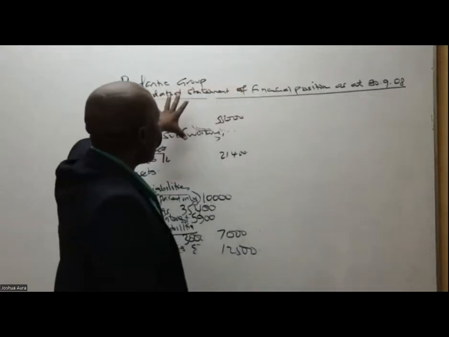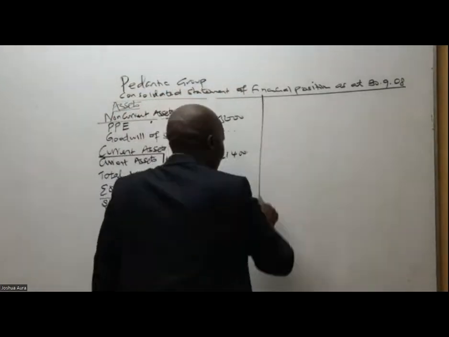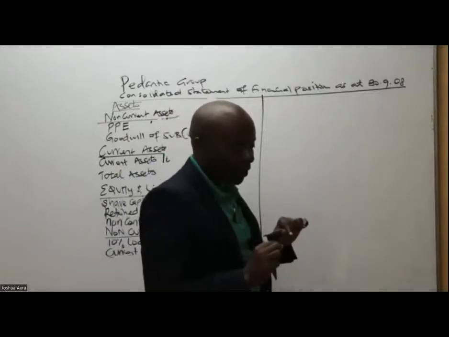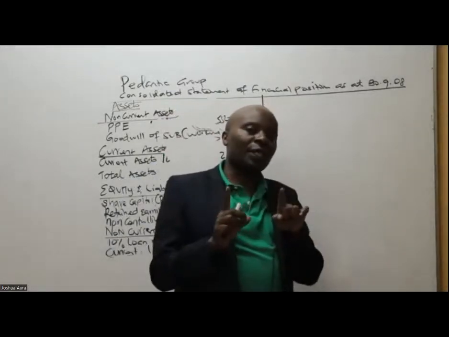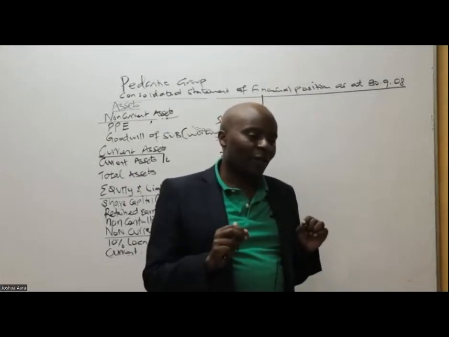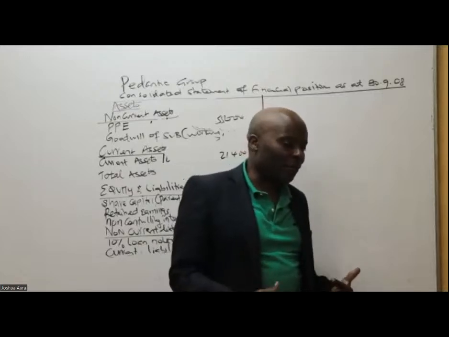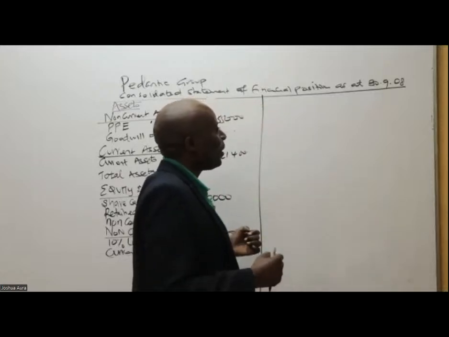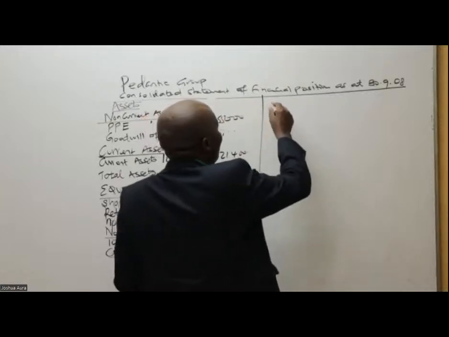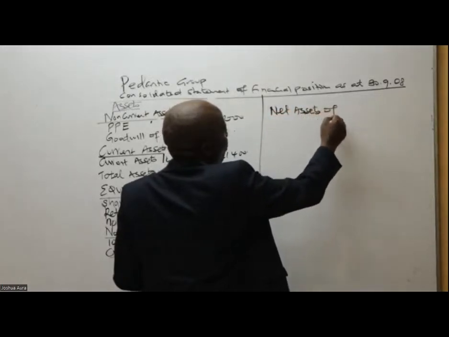So after I have done all this, the next thing I will come here and look critically at my subsidiary. These subsidiaries that I acquired, was it really worth it, or did I waste my resources? And how do I assess the criticality of my subsidiary? It is to look at, ladies and gentlemen, the net assets of the subsidiary.